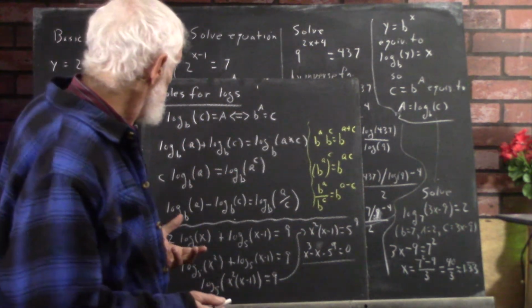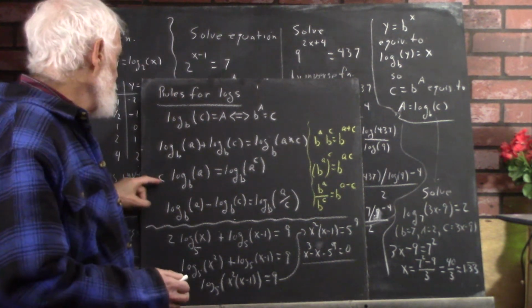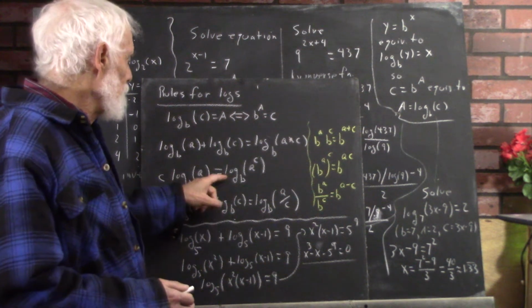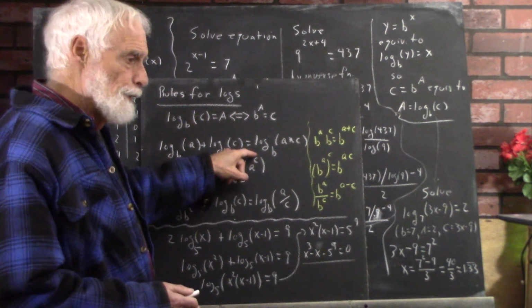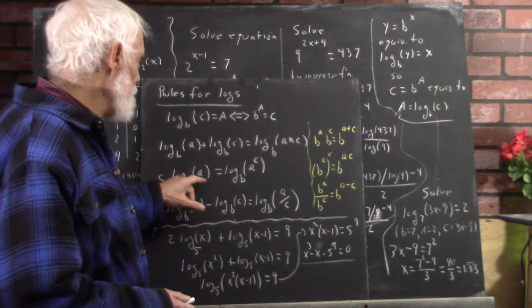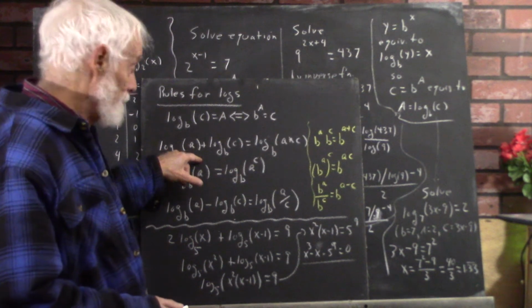The multiplication inside here becomes an addition here. Similarly, or analogously, if you multiply c times log base b of a, it turns out that's log base b of a raised to the c power. You can't just distribute the c through here and say c times a, because of course that would give you this, which is equal to this.